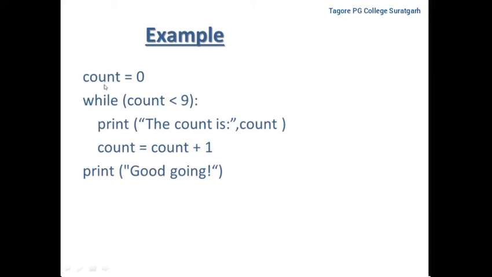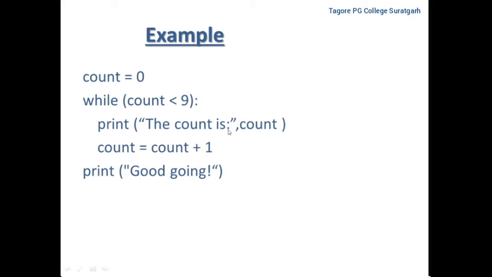We have taken a variable count equal to 0, then we have placed while here, and then we have written the expression that the count should be less than 9. So how many times will this while loop run? It runs from 0 to 8. Then we have placed the print statement here.